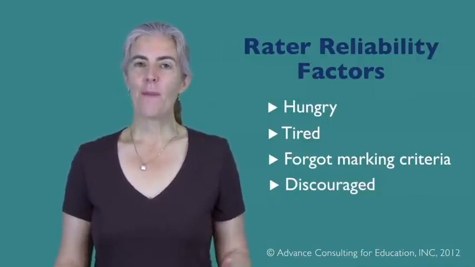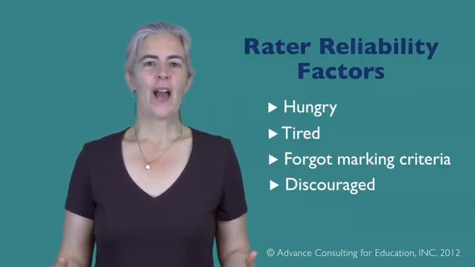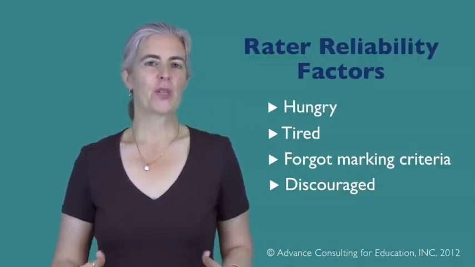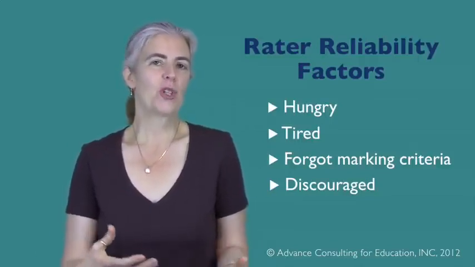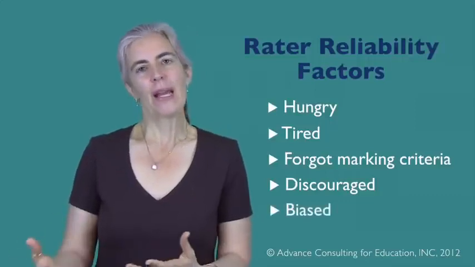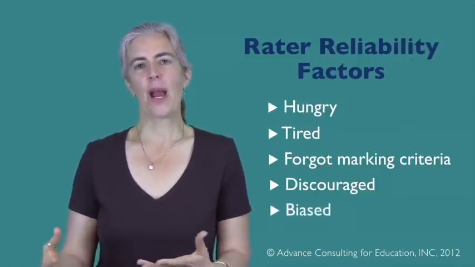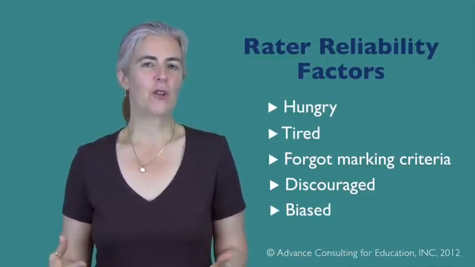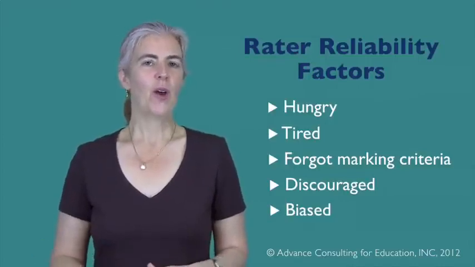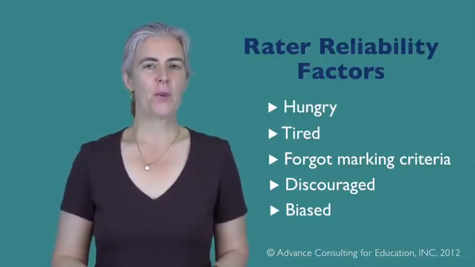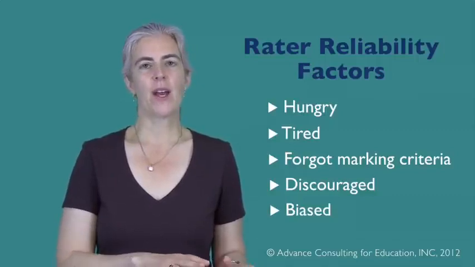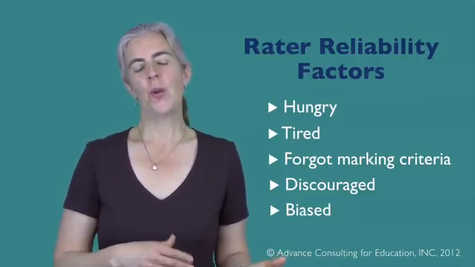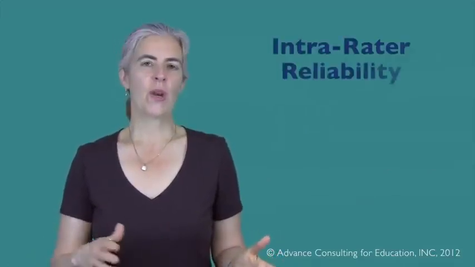It can also happen that you have a feel that potentially one student is a little more proficient than another, and if you look back at the students' names at the front of the test, perhaps that might color your judgment in terms of your scoring. We all hope that that doesn't happen, but the reality is that these kinds of variables do influence how we score. And so we need to consider intra-rater reliability.